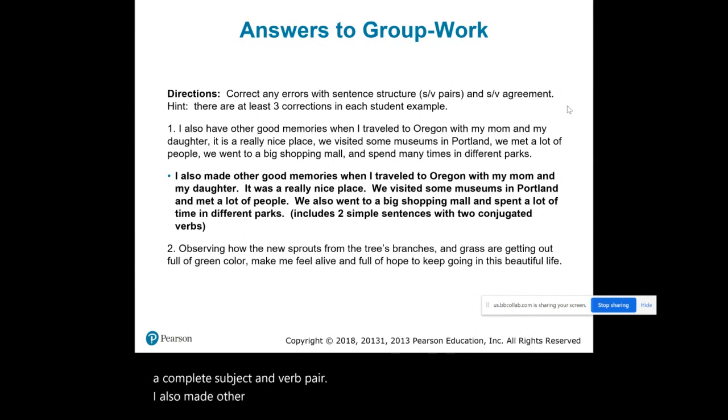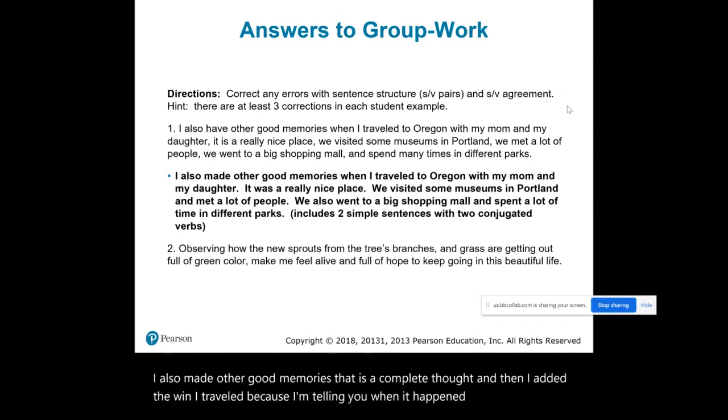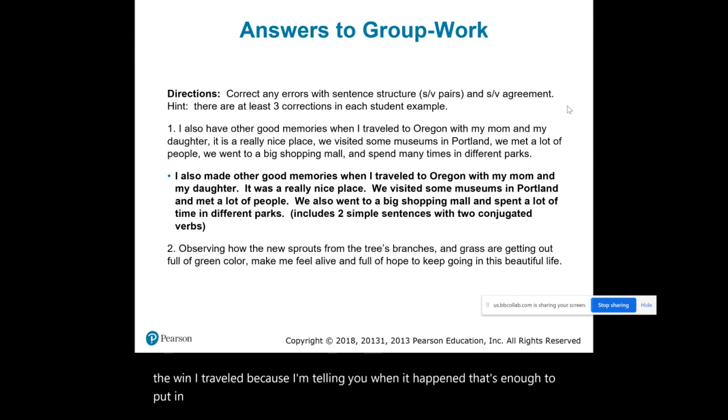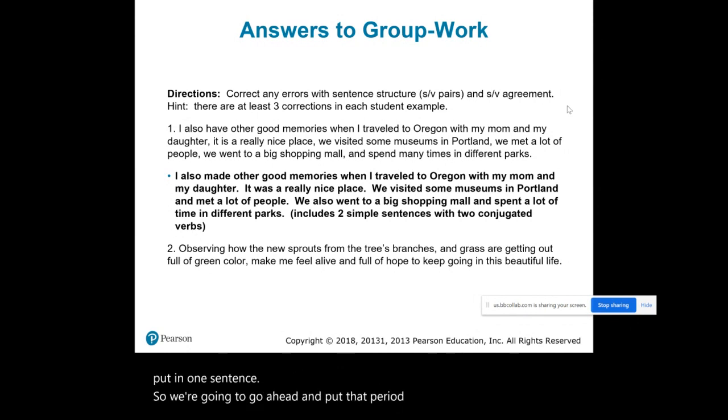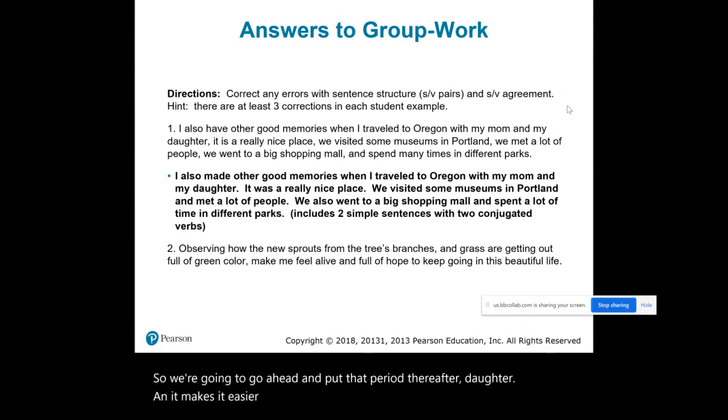That is a complete thought. And then I added when I traveled because I'm telling you when it happened. That's enough to put in one sentence. So we're going to put that period there after daughter, and it makes it easier for comprehension, for understanding it, okay?